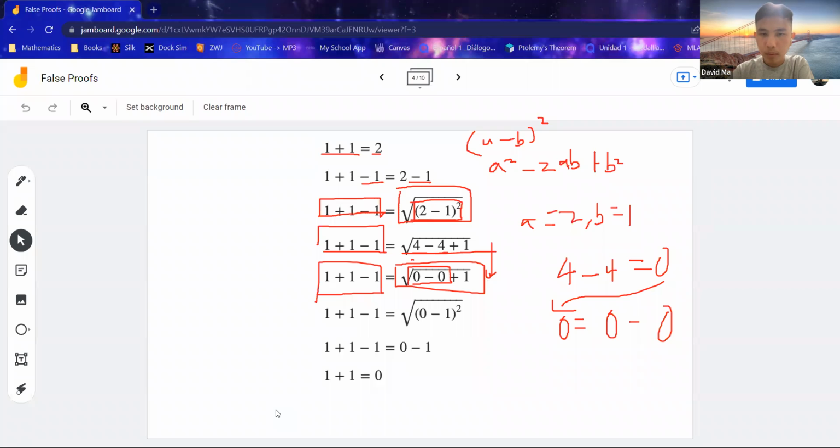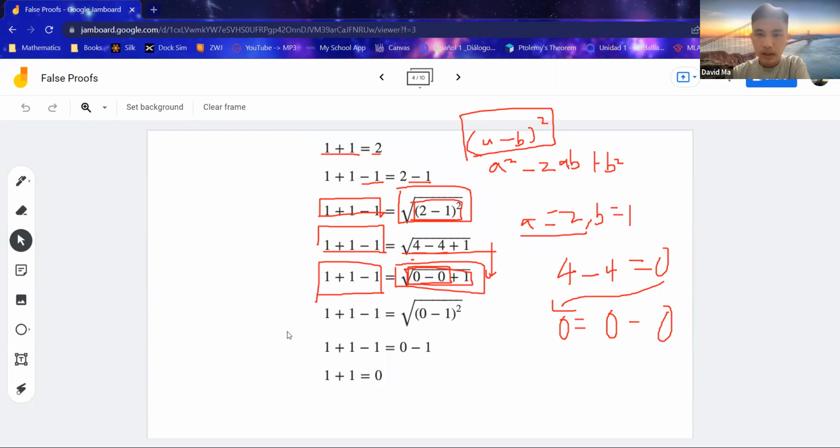Now, if you remember the (a minus b) squared formula, this should seem pretty similar, because you could see that a equals 0 and b equals 1. Why is that?